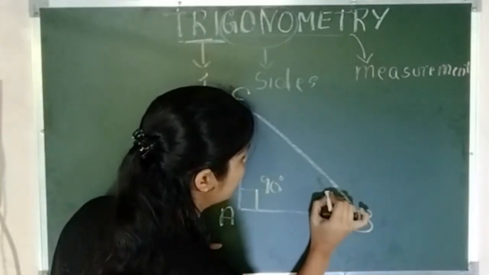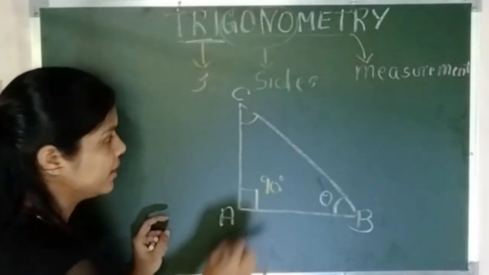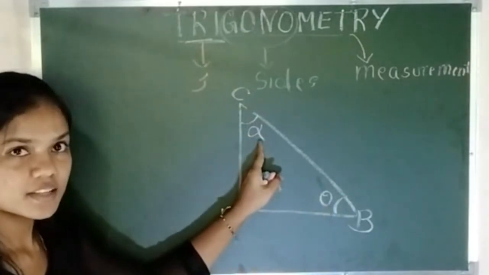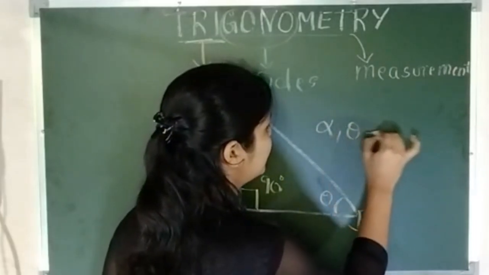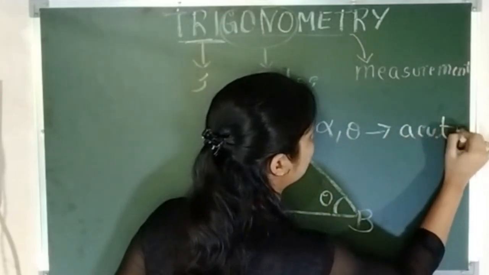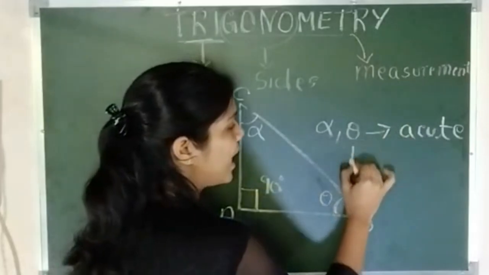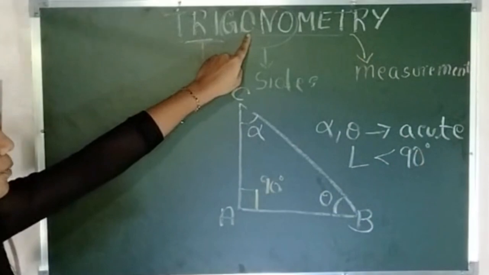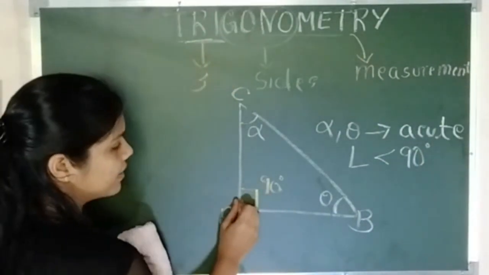Let us call it theta. And here also there is some angle. Let us call it alpha. So this is theta and this is alpha. Alpha as well as theta are acute angles. What are acute angles? If the angle is less than 90 degrees.